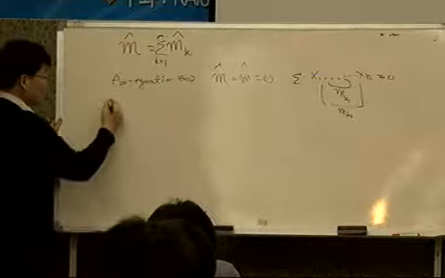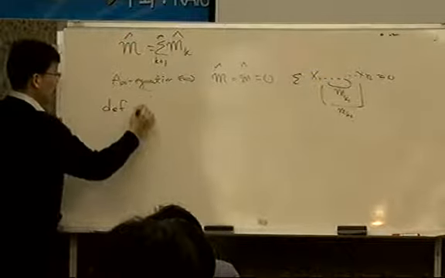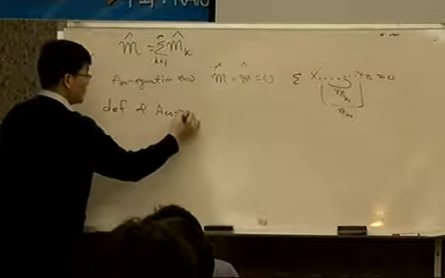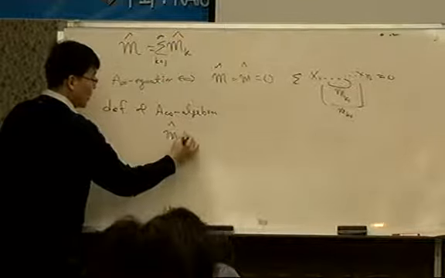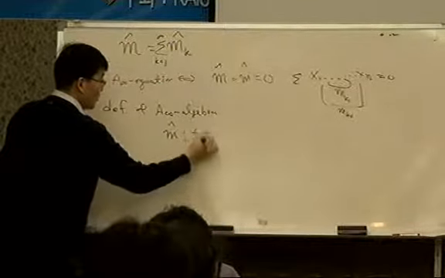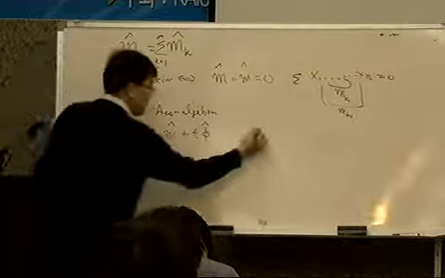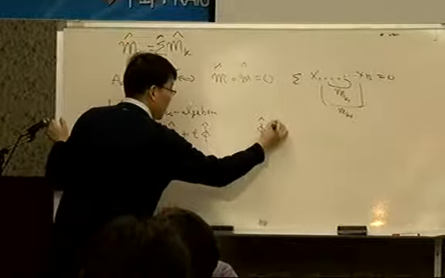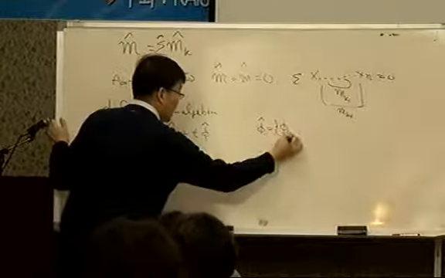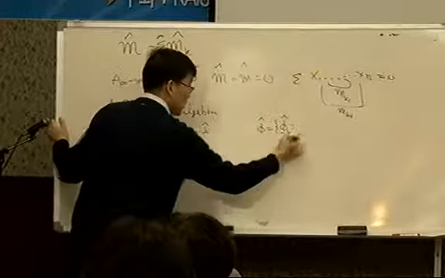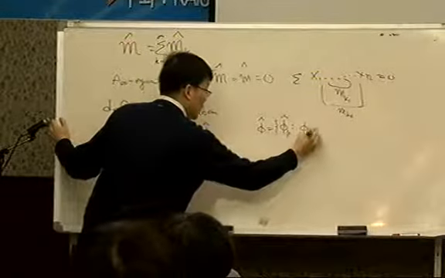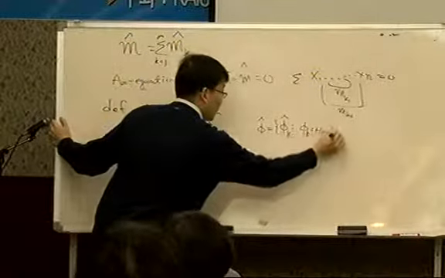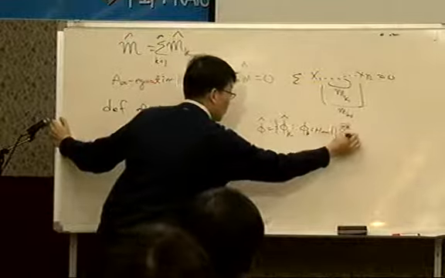So a deformation of an A infinity algebra would look like this. Instead of M hat, you would have M hat plus T phi hat, where phi hat consists of phi_k hat, and phi_k is in Hom(V tensor k, V).